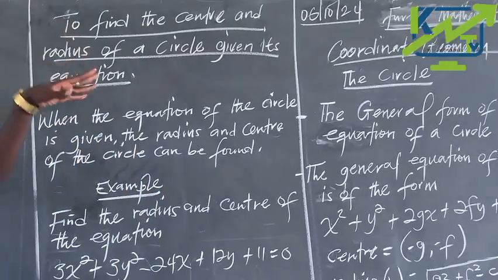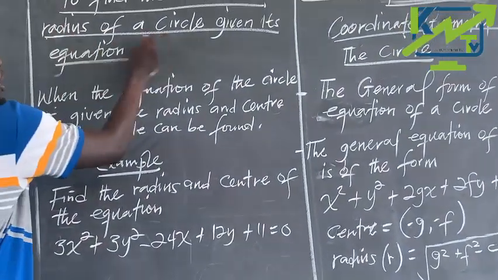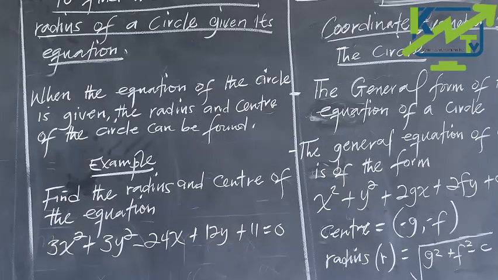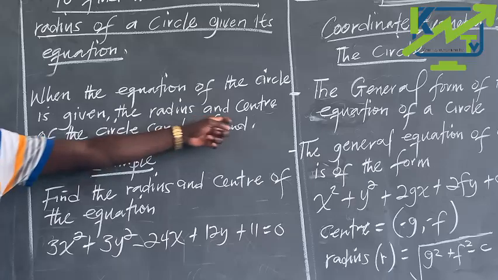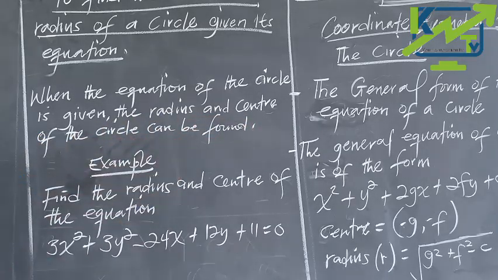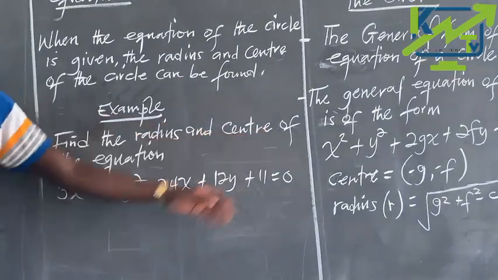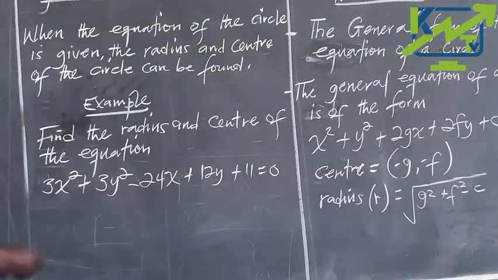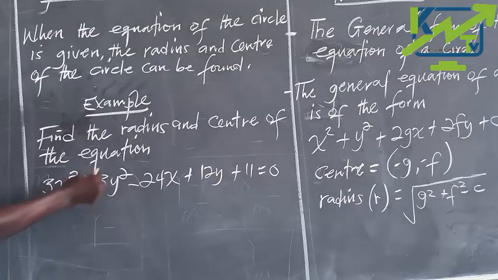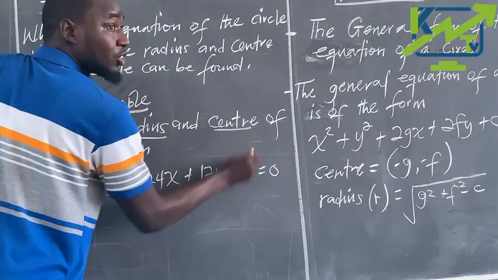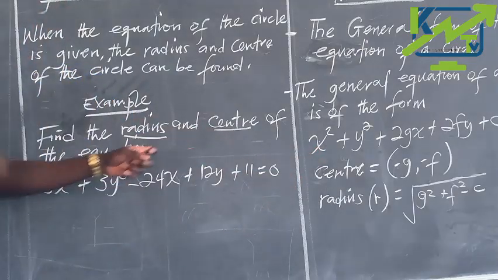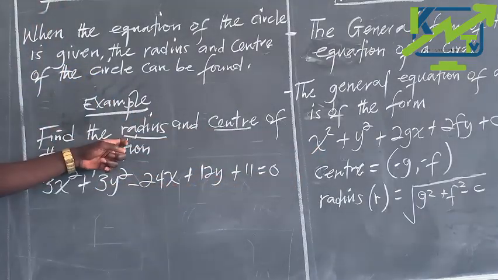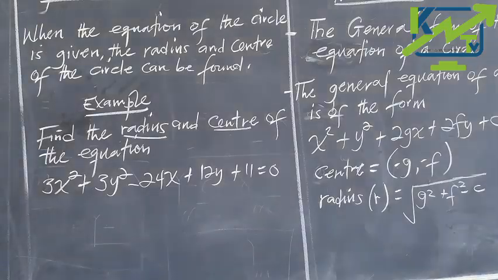We are going to use this example, and we will compare the general equation with the equation given to you in order to find the radius and the center of the circle.